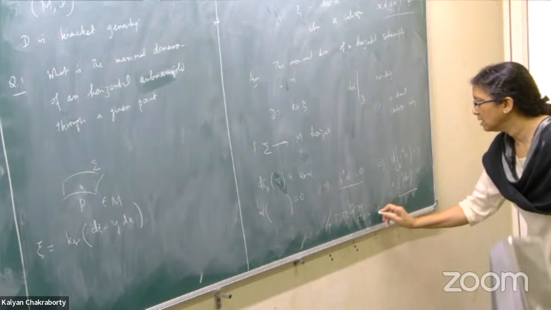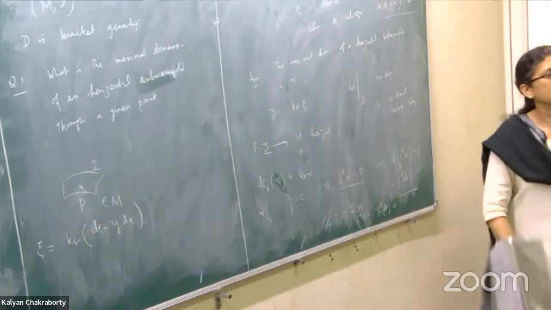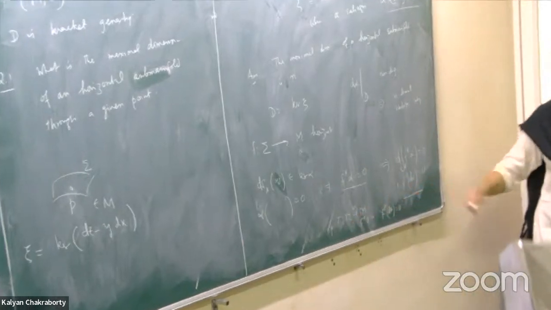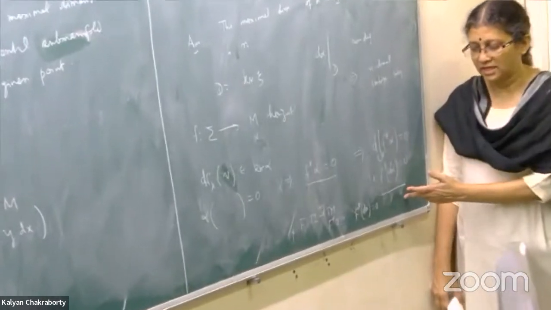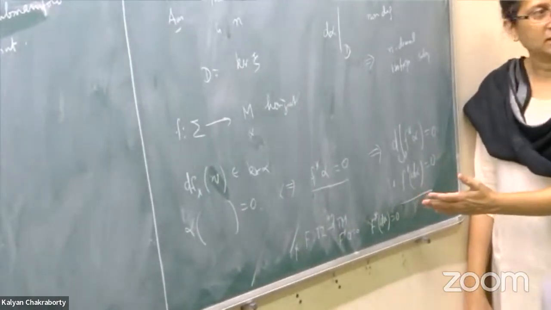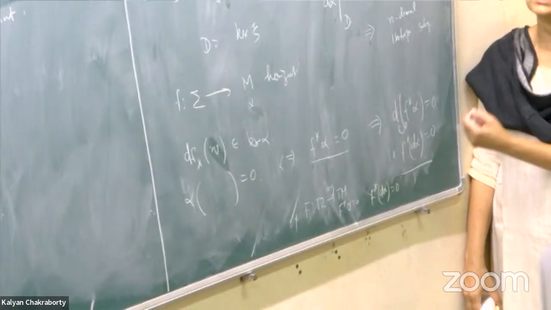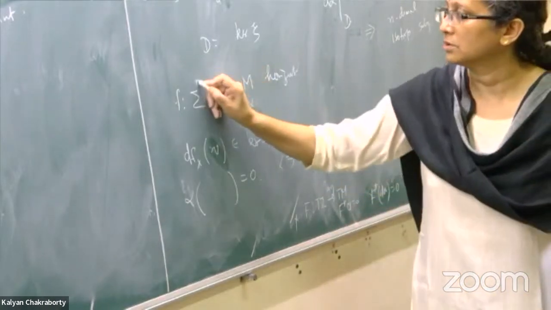Not only that, this will pull back F star d alpha also to 0. These two conditions, this is called a formal horizontal map. And then the result of h-principle says that a formal horizontal map can be homotoped to an actual horizontal map. And this can happen in dimension n at most.